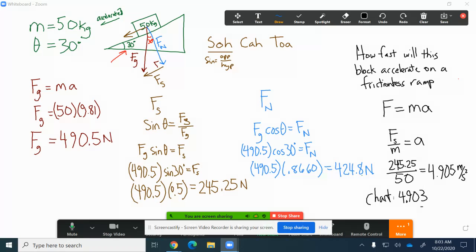And a 1,000th of a meter per second squared is close enough. That's a small enough amount that it probably has to do with the computer I used using many more than 4 decimal places for the trig functions, which I told you are very sensitive. So if you get something very close, like 4.905 versus 4.903, you have the correct answer.